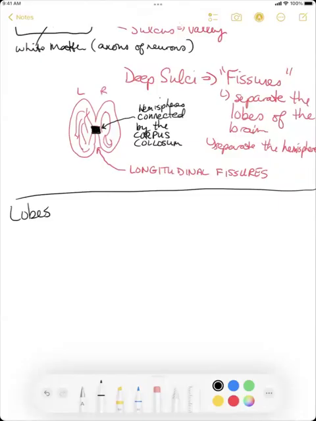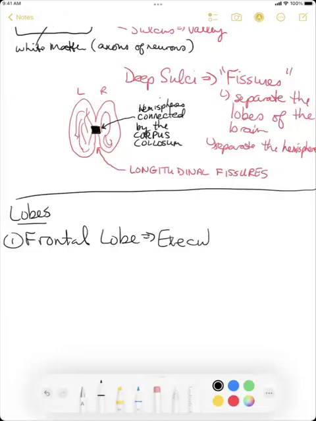The first one is the frontal lobe. And the frontal lobe is really important in executive functioning. So this would be planning and decision making.